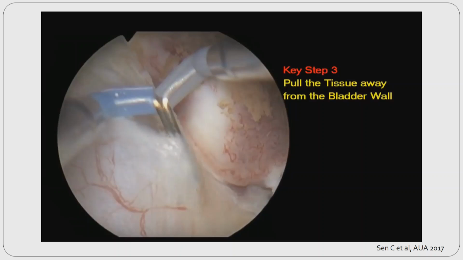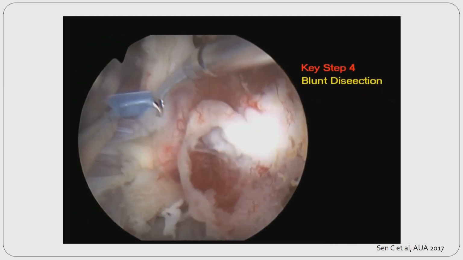So that's where the beauty of this comes in, where you're not using heat at the base of the tumor. You're not distorting the architecture to where the pathologist has to say, well, it's cauterized fragments, I can't see what's going on. So this is blunt dissection where the tumor is pulled away from the bladder wall and essentially moved out, and then at the last point, if you need to do a little bit of point cautery to detach the final fibers, that's appropriate.